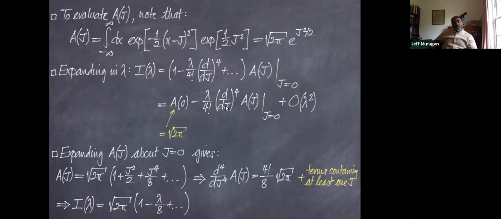So you may well argue that this was a lot of work for a relatively straightforward integral. And one way to convince yourself of this is to check this another way. So here's an exercise for you.